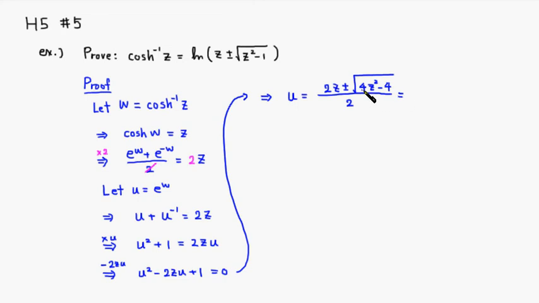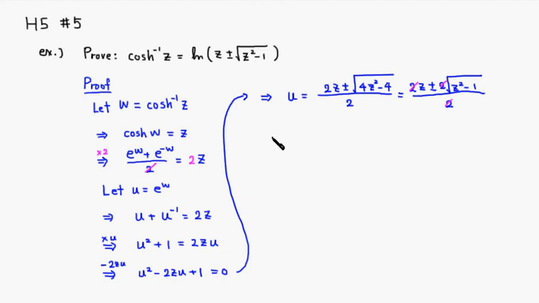We can pull out 4 from inside the square root, so that becomes 2 outside. So you have 2z plus or minus 2 times the square root of z squared minus 1, all over 2. So you can cancel the 2's on top with the 2 on the bottom.